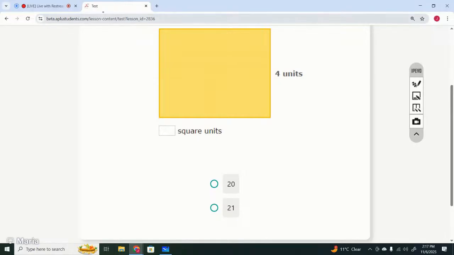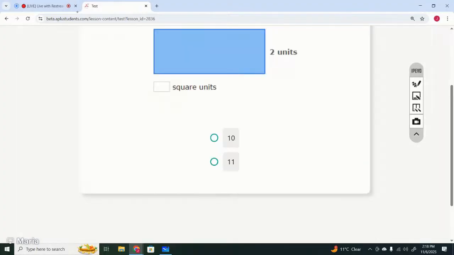So, which is the correct option? That is 4 times 5 equals 20. Option number 1 is the correct option.